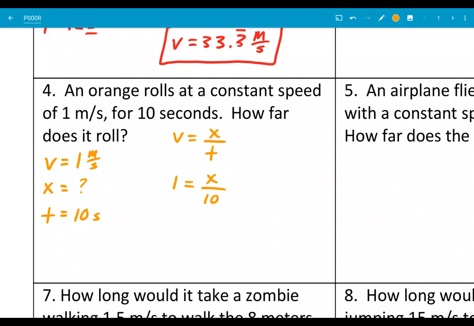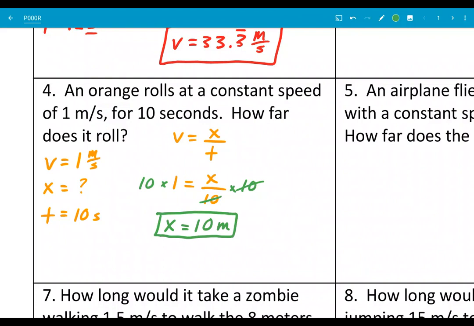Now, the next step here, depending on how you've been taught, some people like to multiply both sides times 10. So that cancels. And we end up with x equals 10 times 1, which is 10 meters. Put a box around it, and make sure that you put those units, 10 meters.